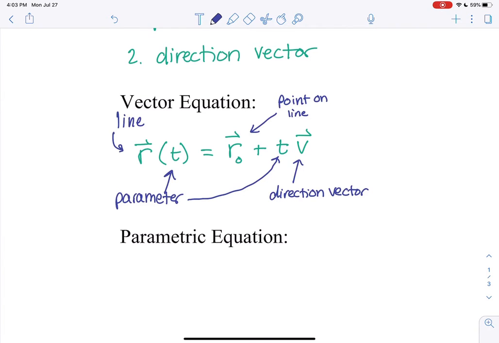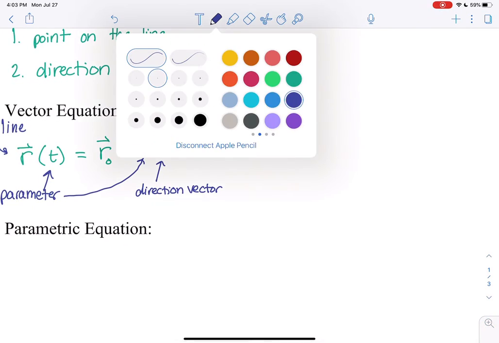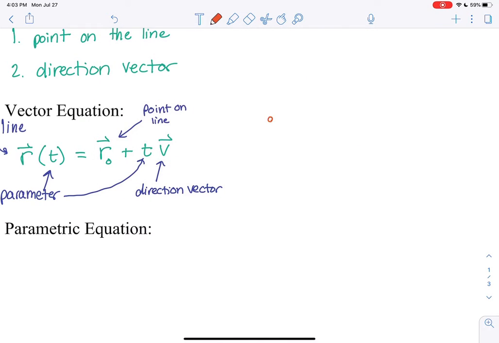If, for example, we picked a point to be 1, 1, 1, and the direction the line goes in from that point is, just as an example, 2, 3, then you're starting at that point and going in this direction.